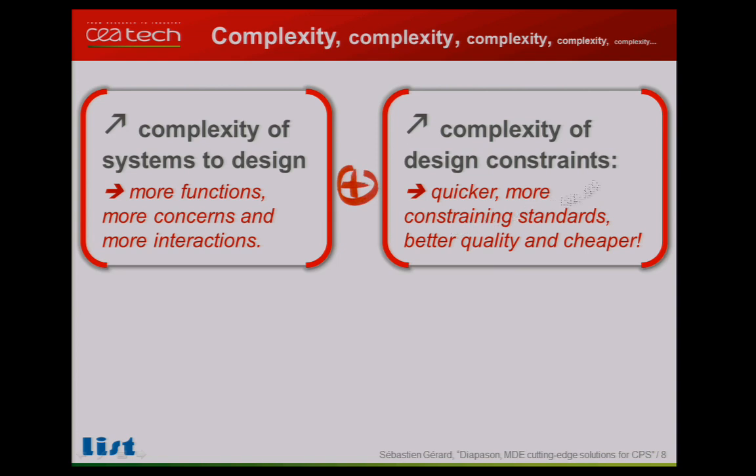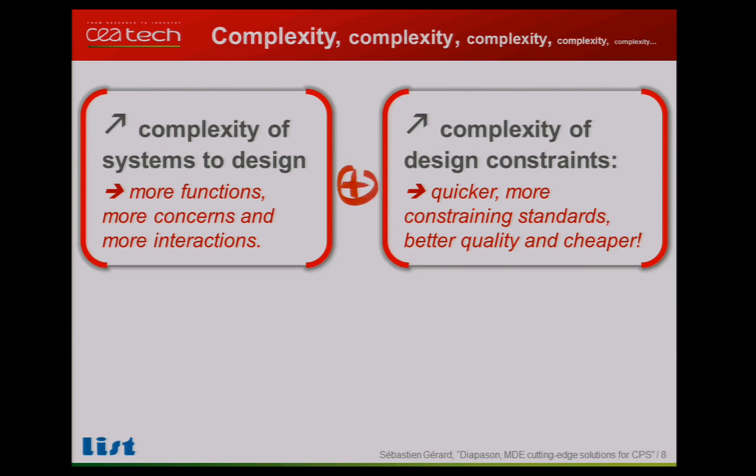The second dimension of the complexity comes from the constraints themselves that have to be satisfied to develop a system. We have to do it quicker, but we have to satisfy more and more constraining standards, like for automotive, for example, the new safety standard ISO 26262, and almost all electronics design or electronics devices now have to be conformant to a kind of safety standard.